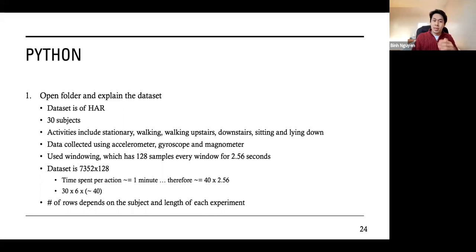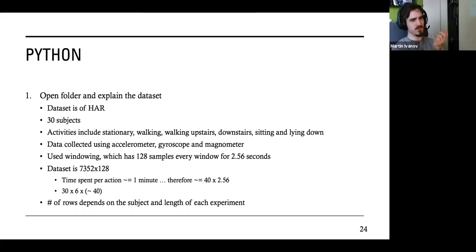Within the data set, it's human activity recognition, which I mentioned, using an accelerometer to determine activity. We have 30 subjects. The activities, also known as the classification labels, because this is what we're trying to classify, include walking, walking upstairs, walking downstairs, sitting, lying down, and standing. Standing is the stationary baseline, not moving.